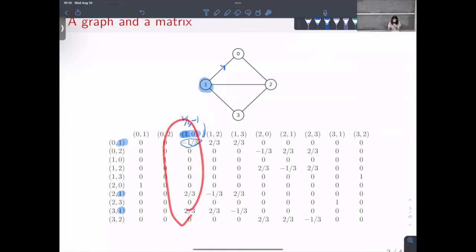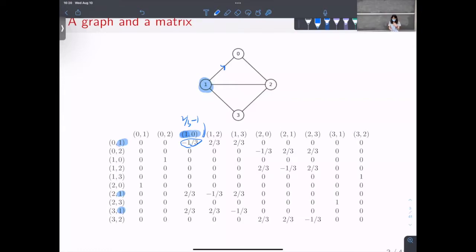Okay, so this rule works for every vertex. If instead I start with a degree 2 vertex 0 over here, then let's say 0, 1. Okay, then for the opposite arc, I have 2 over 2 minus 1, which is 0 (wait, 2 over 2 minus 1 is 2, minus... ) so it doesn't contribute to the column. And for the other arc going into 0, I have simply 2 over the degree 2, which is 1. Okay, so that's what the matrix looks like.